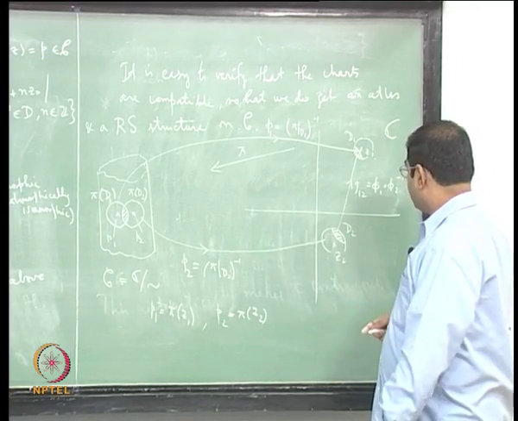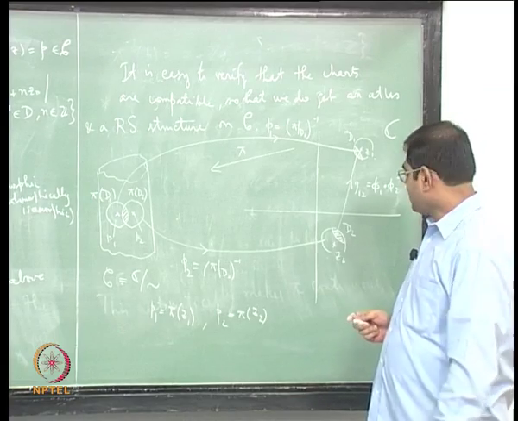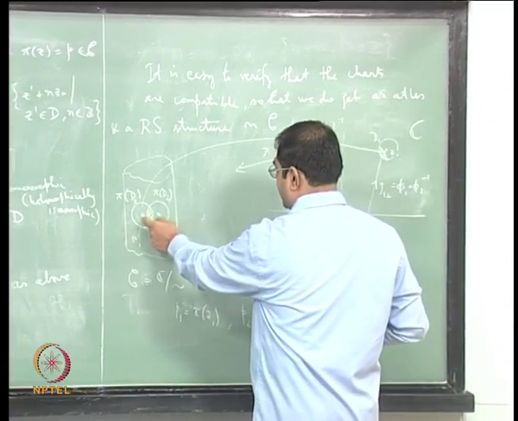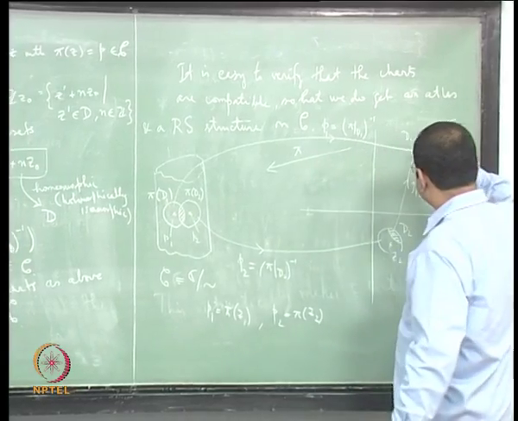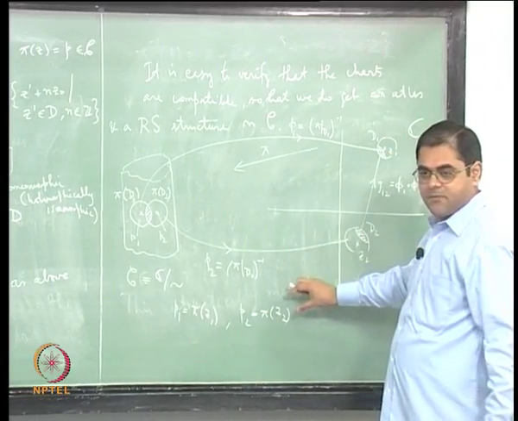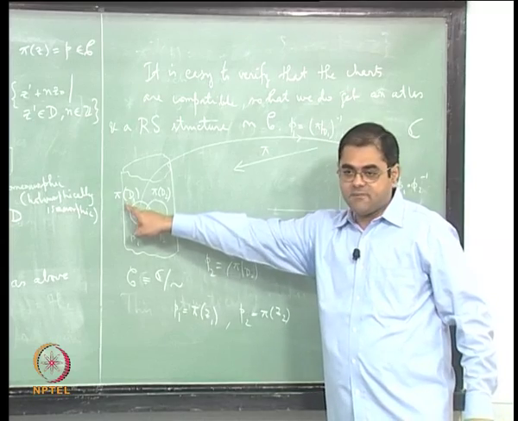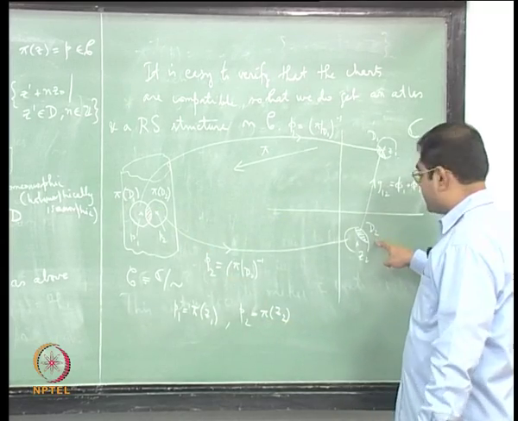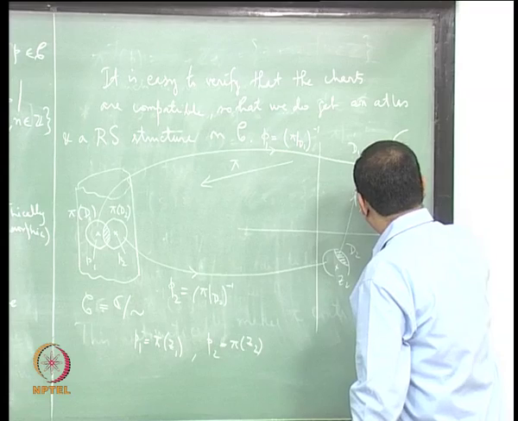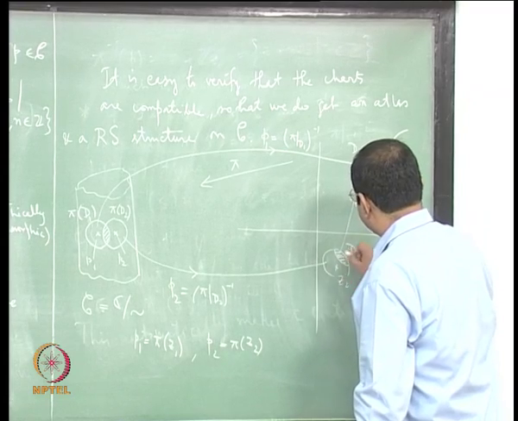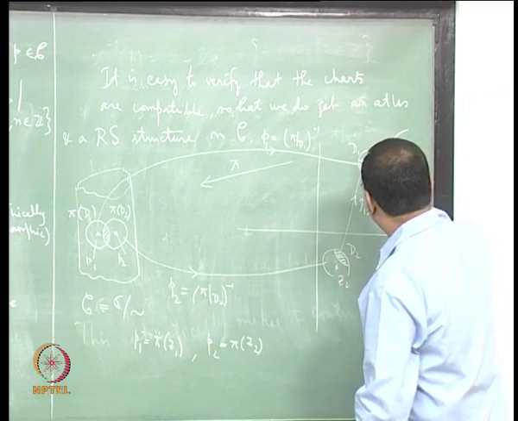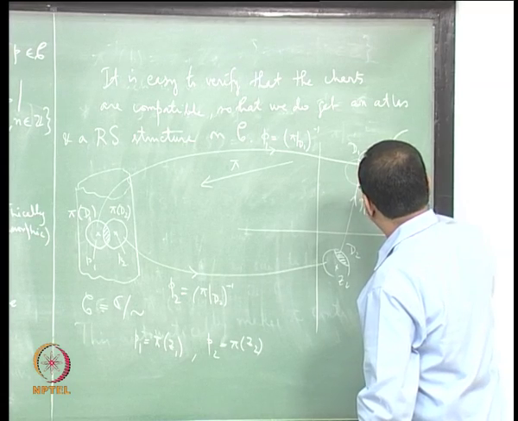Well, if you complete the picture properly, you can see that if I take all the translates of D1, which will be the inverse image of pi of D1 under pi, and look at all the translates of D2, there will be a translate of this D2 which will essentially be like this.